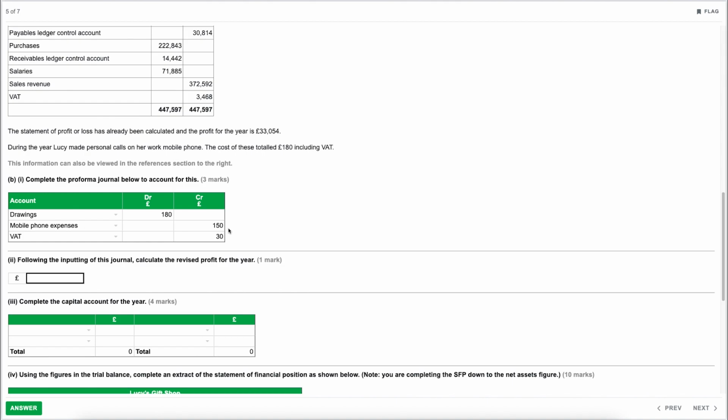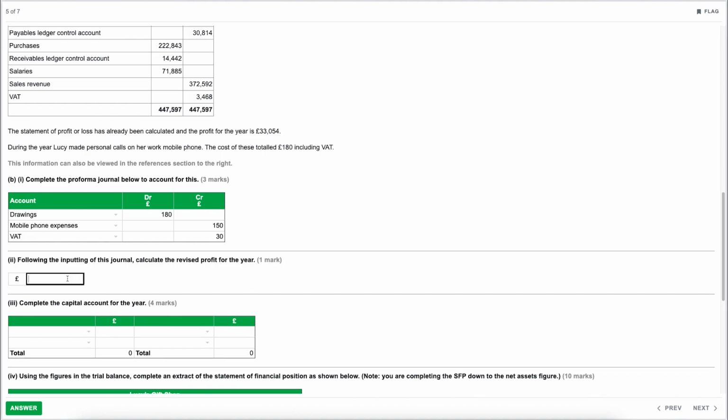Now, because you're reducing your expenses by £150, the effect of reducing your expense would therefore increase your profit. So it would be £33,054 plus £150, which would give you a revised profit figure of £33,204.